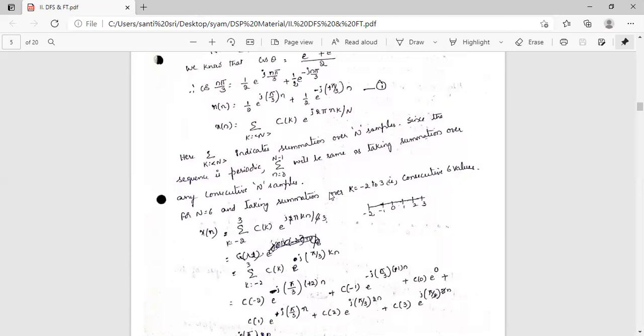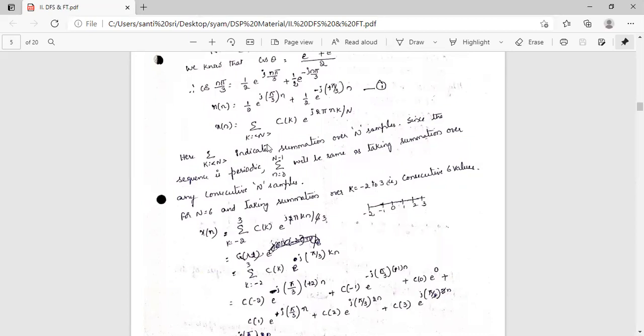For N = 6, suppose we take the 6 consecutive values from -2 to 3: 1, 2, 3, 4, 5, 6. So the N value is 6.